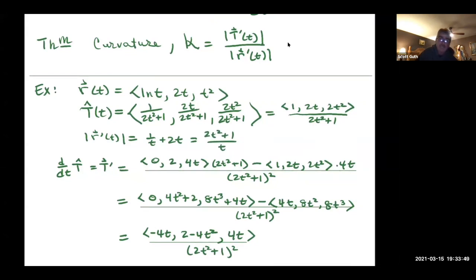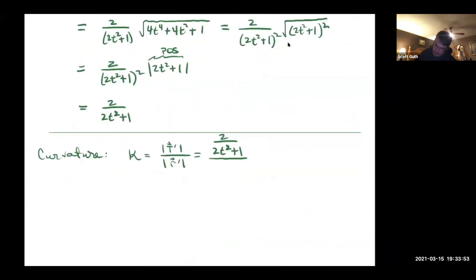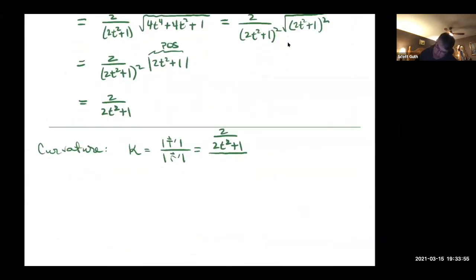Okay, so I'll copy that down. Like that. So I think we're going to get a square down there. So we're going to get a 2t over 2t squared plus 1 squared. So I apologize, I jumped the gun on the curvature. That's it for that example.